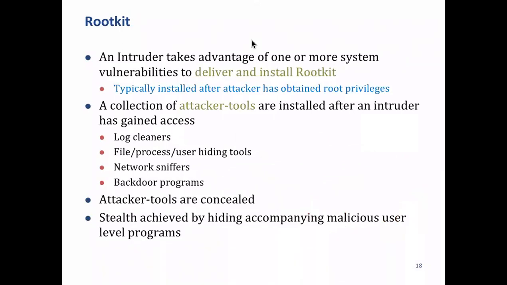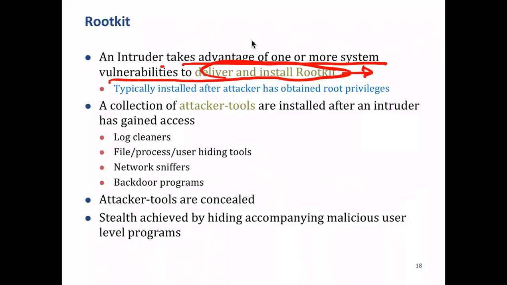So now it's not easy to get into the root or the OS, right? It requires a lot of strategy and tricks, and the criminal has to be technically very sound, and there has to be a toolkit for it. So what the intruder does is take advantage of one or more system vulnerabilities to deliver and install the rootkit.